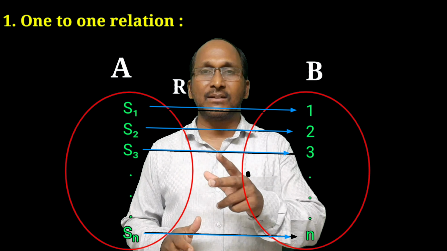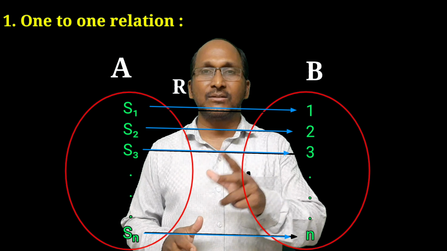No student is given two or more roll numbers, or any two different students will not be given same roll number. Conversely, if you take any roll number, it will represent only one student. It will not represent two or more students. So here there is a one-to-one correspondence between the elements of these two sets from both the sides. Such a relation is called a one-to-one relation. So it can be taken as an example of one-to-one relation.